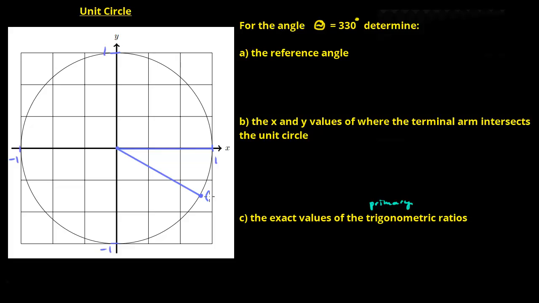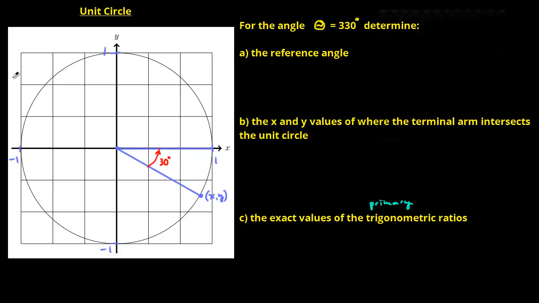So the first part of it is let's figure out what the reference angle is. Now the reference angle is the acute angle that's drawn from the terminal arm to the x-axis. So it's this angle. Since this angle is 330 degrees, and a full rotation would be 360 degrees, the reference angle is 30 degrees.